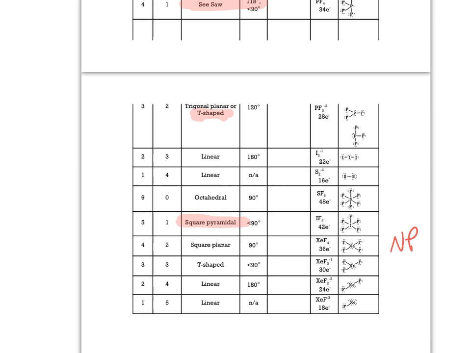This T-shaped is always polar, okay? And this linear, again, assuming they're all the same shape, is nonpolar. Hopefully that is helpful. If you do your drawing and you see, oh, this is clearly seesaw, then you might be able to determine, hey, this probably has a little bit of polarity to it, okay?